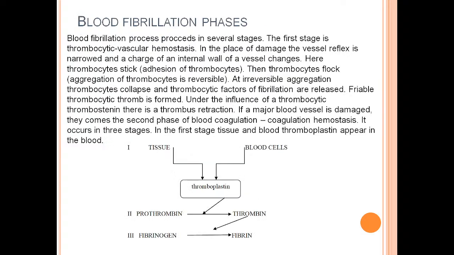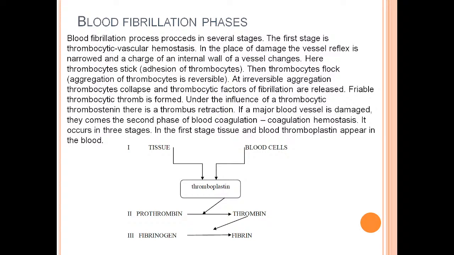Blood coagulation phases. The blood coagulation process involves several stages. The first stage is thrombocytic vascular hemostasis. In the place of damage, the vessel is narrowed reflexively and the charge of the internal wall of the vessel changes. Here, thrombocytes stick, which is adhesion of thrombocytes.